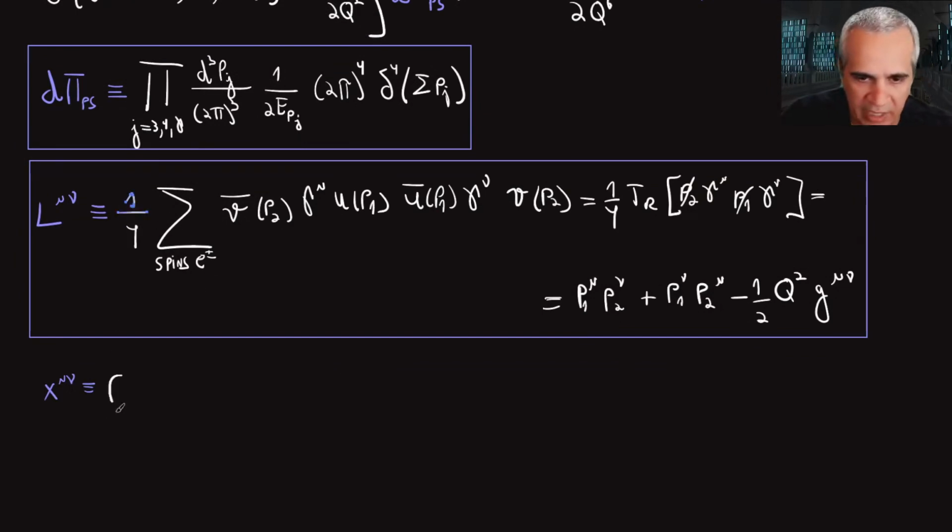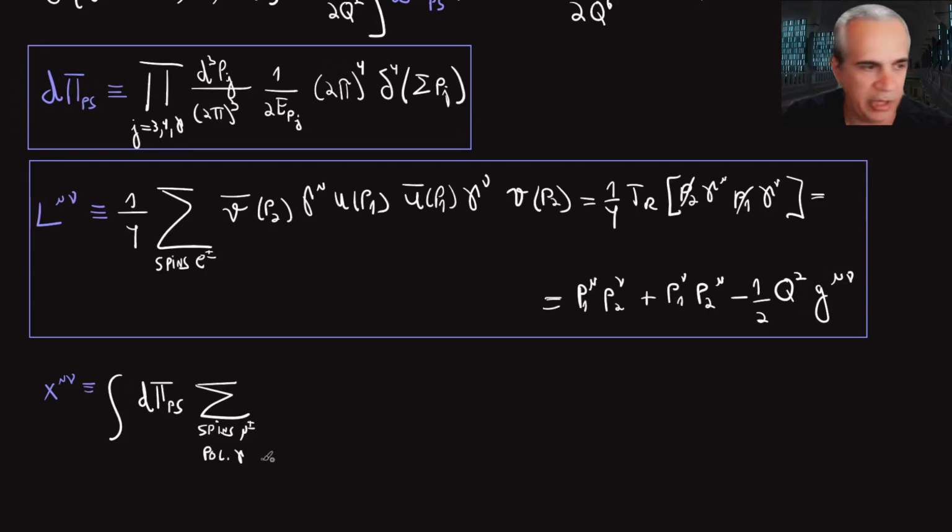So now I have the integration in phase space, the sum over the spins of the muons, plus and minus, and also over the polarization of the photon. So I'm summing over the polarizations.